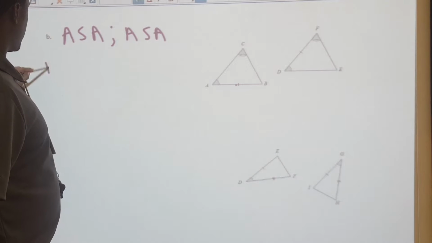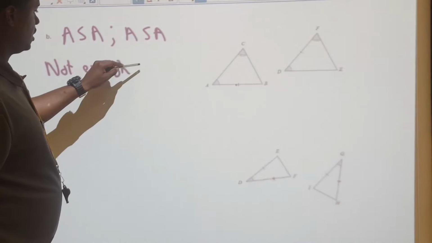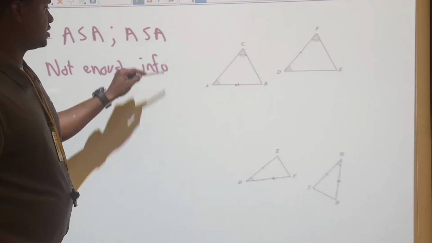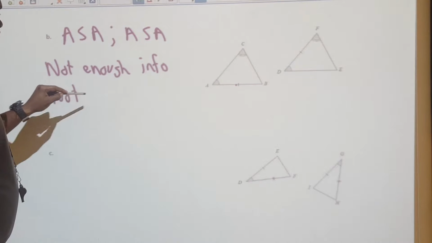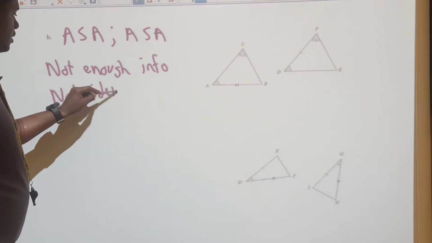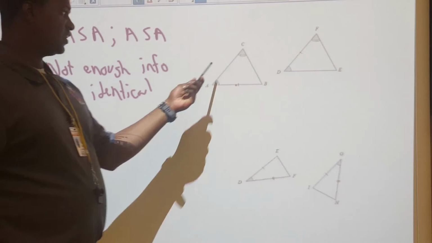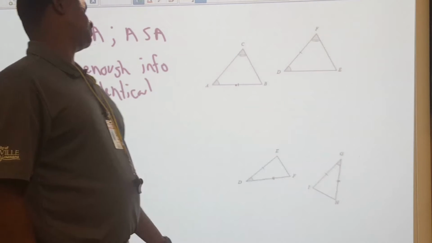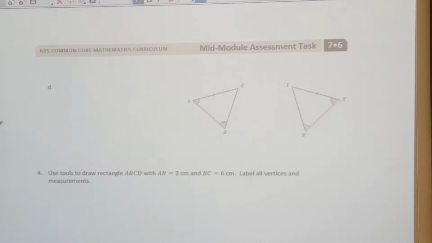So this is not enough information. They are not identical. It's not enough information for us to tell, because we need to know this side or this side. All right, C and D you can do on your own.